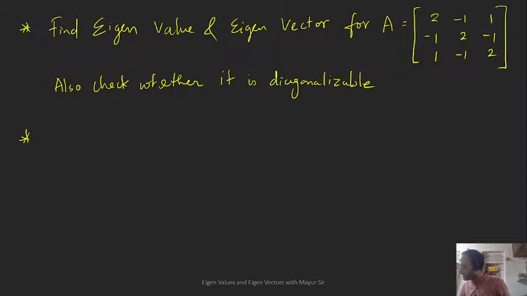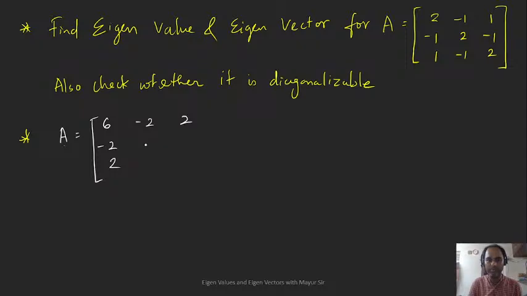So A is 6 minus 2 minus 2, 2 3 minus 1, minus 1 and 3. Same question as above.